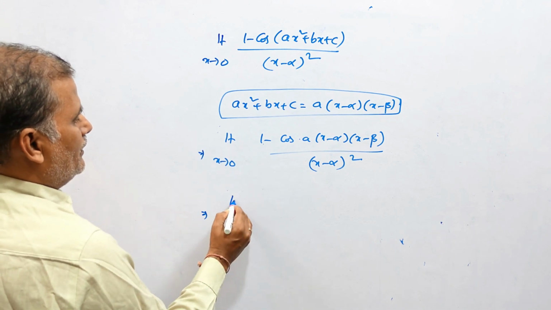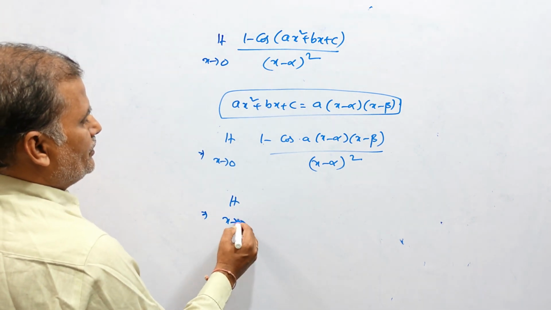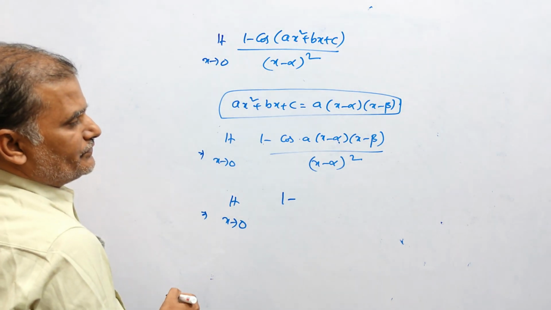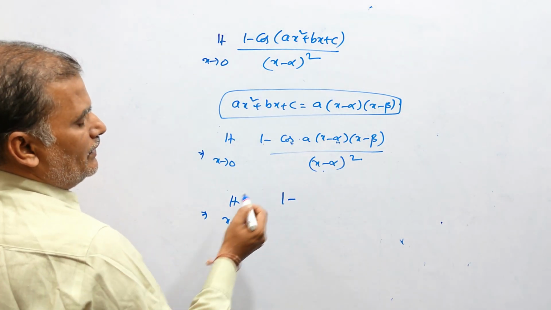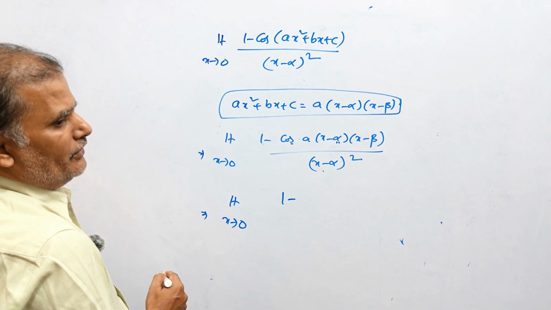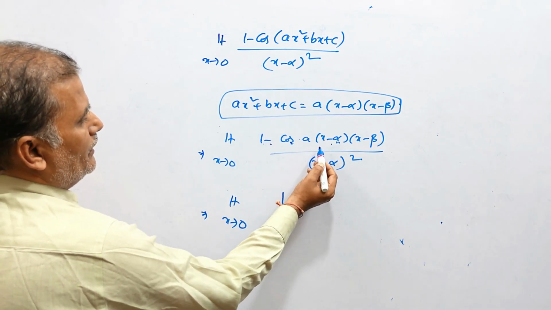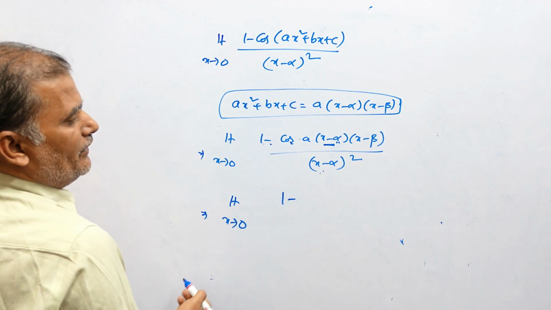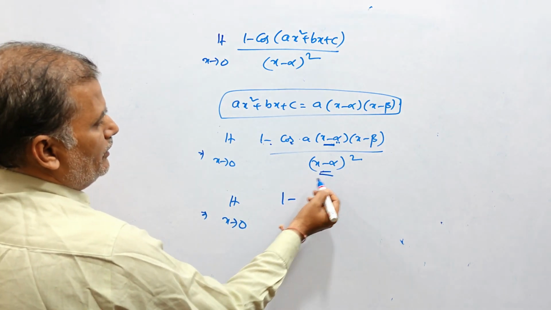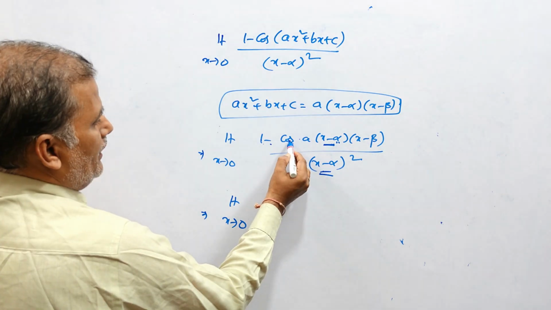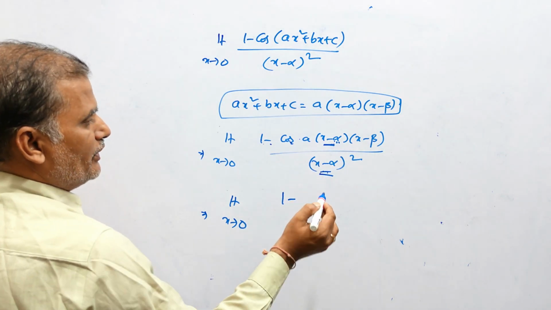Now here, limit 1 minus cos of ax by (x minus alpha) whole square. We know that 1 minus cos x by x square. Here the argument means (x minus alpha), here (x minus alpha) whole square. Therefore, 1 minus cos x by x square means 1 by 2, you know.